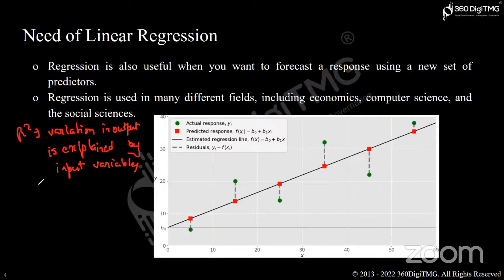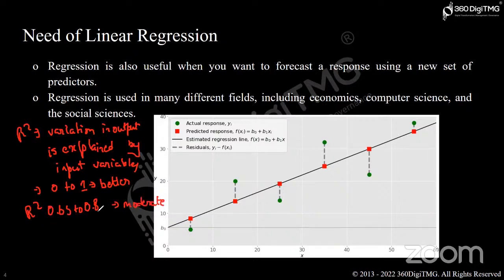So this R square value is always between 0 and 1. The idea is the closer it is to 1, the better it is. If your R square value is between, let's say, 0.65 and 0.8, this is a moderate R square value.